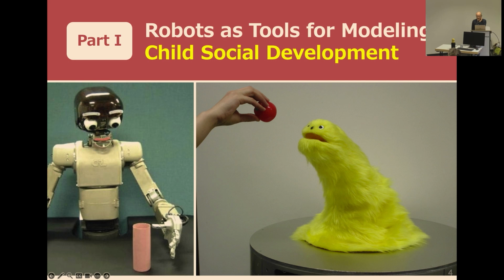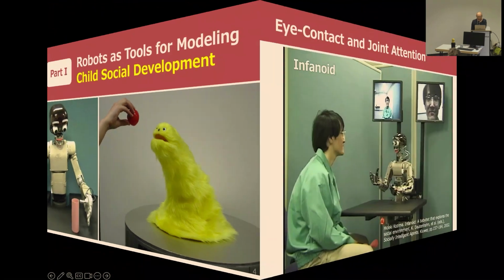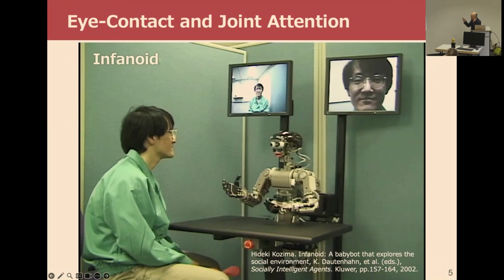Part one is robots as tools for modeling a child's social development. This is Infanoid. I first became interested in eye contact and joint attention, which both come from research in developmental psychology.